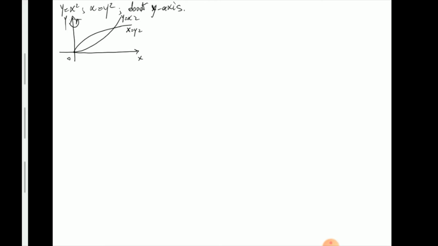In that case, the shell method meant integration with respect to y, and the washer method meant integration with respect to x. I want to show you that if we change to a vertical axis of rotation, the variable of integration switches for both methods.